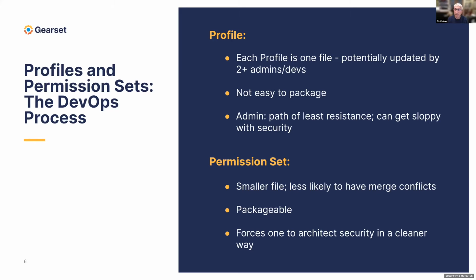Let me go back to the update with 2 or more admins. This means you get merge conflicts if you're using version control. Or if you're not using version control, you possibly get stuff wiped out if you're deploying from org to org directly. There's one developer smashing the other developer's permissions.